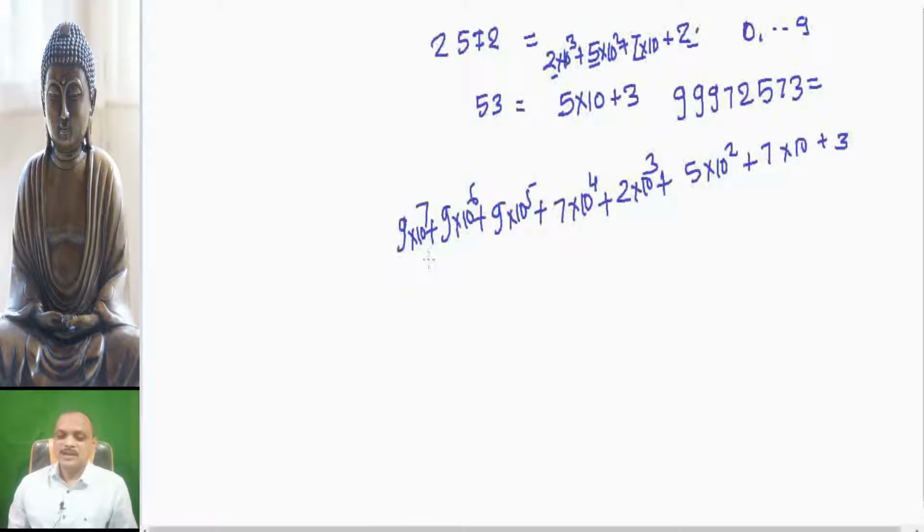And look at this, this is a polynomial in 10, and these are the coefficients of the polynomial.